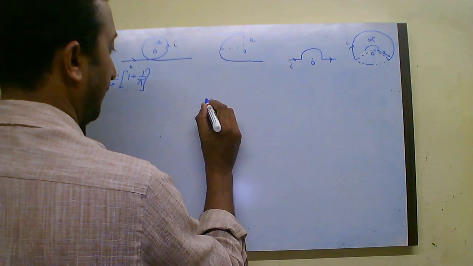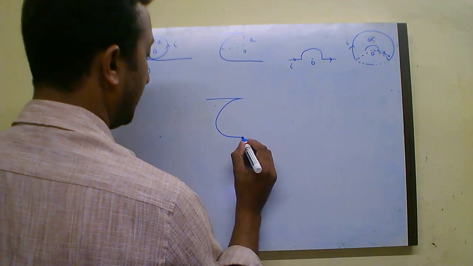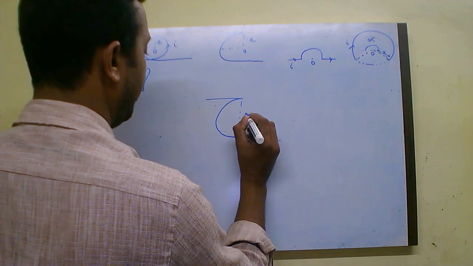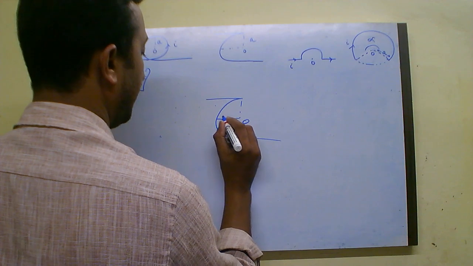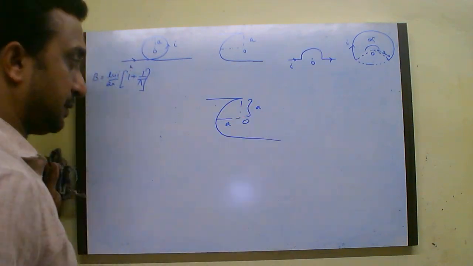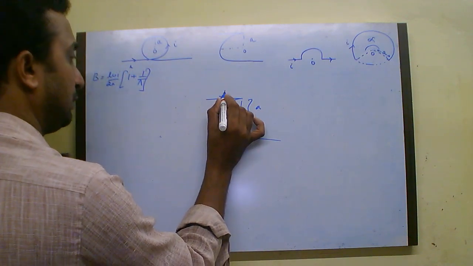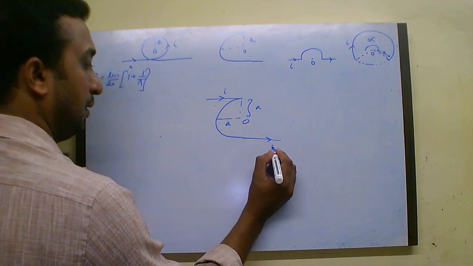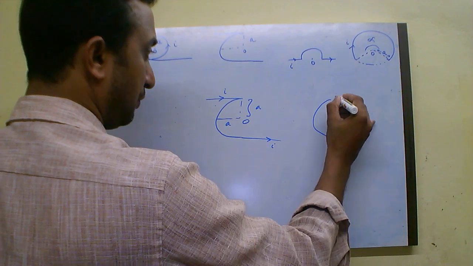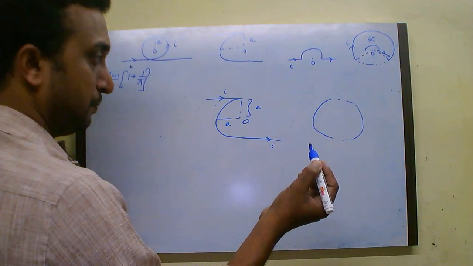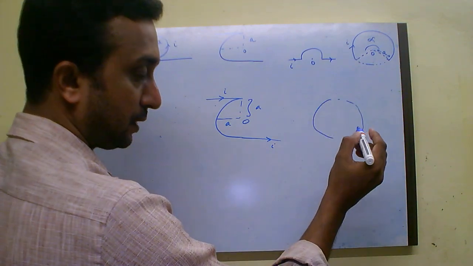You have a figure like this. This is the center O, and this radius is A, and this is also radius A, through which a current I is flowing. Here you can see this curve is part of a circle, so you have only the half circle part.